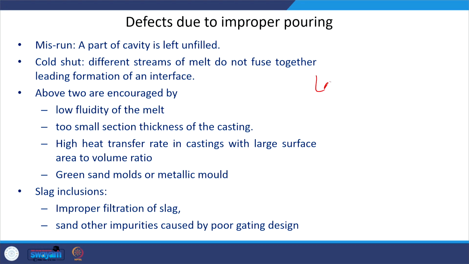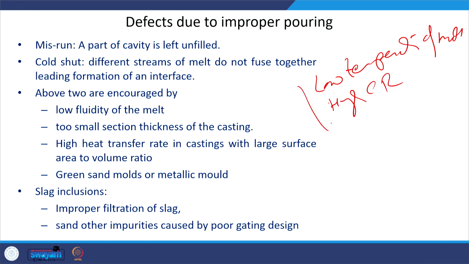Okay. So, the major problem comes because of the low temperature of the molten metal, the melt, or the very high cooling rate that is experienced. So, what are these conditions? If the molten metal temperature is not controlled properly, then it can occur.